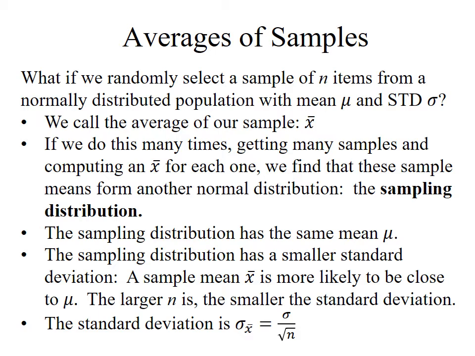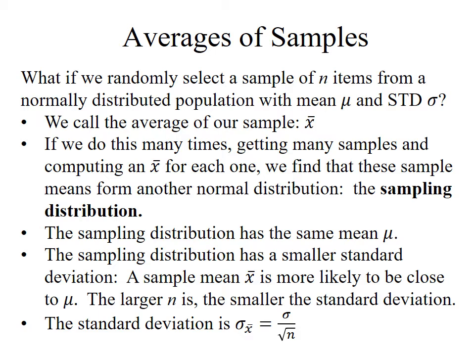But if I randomly gather a sample of 100 men, well, there might be a few unusually tall or short people in there, but most of them should be relatively close to average, so it's much more likely that my sample mean is going to be pretty close to the overall population mean.